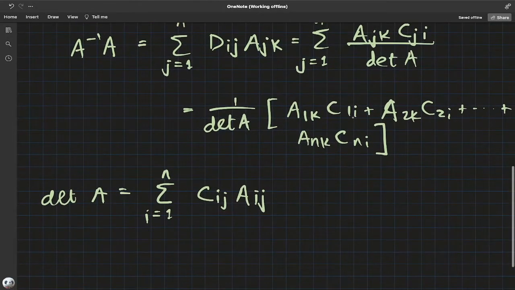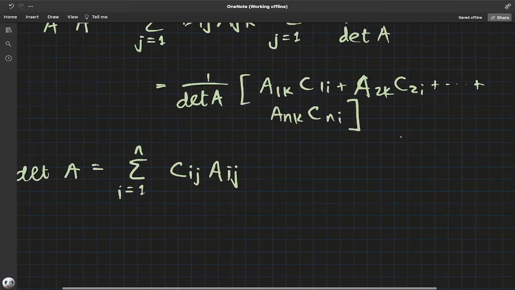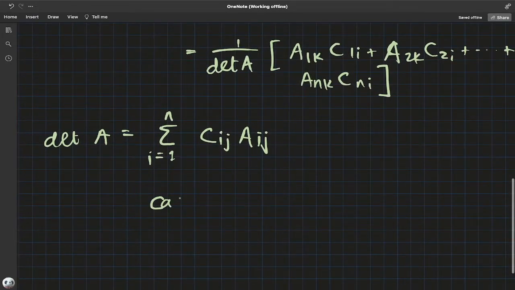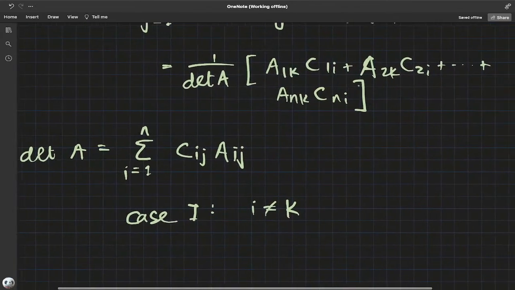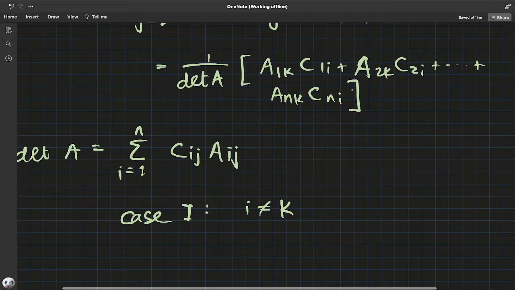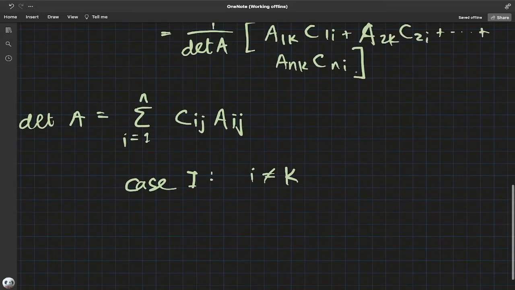This looks a little like that, except the problem was the j's were the same. Here the k and the i are not the same. They could be the same, but let's first consider case 1 where i is not equal to k. This could almost be the determinant, except this is not the determinant of the original matrix.